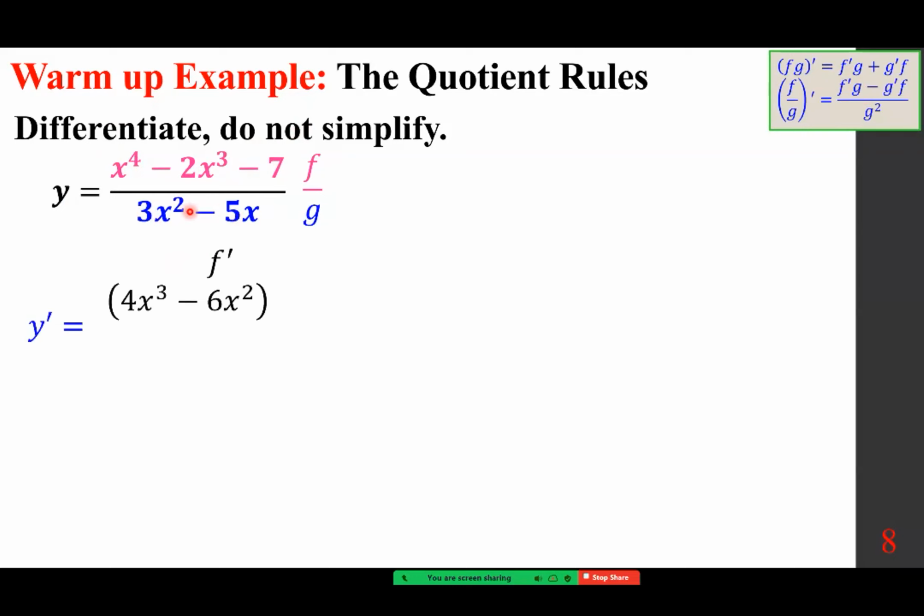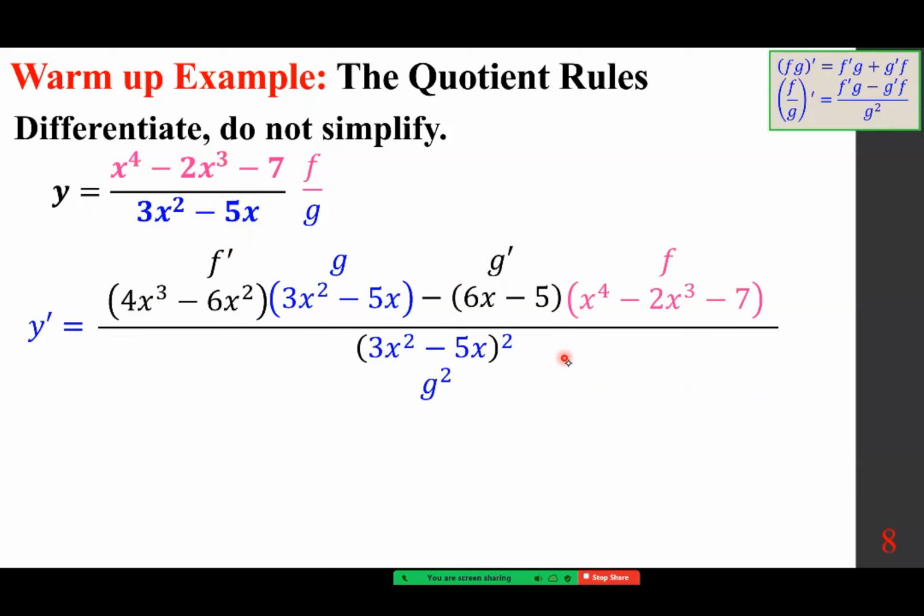Just put the blue one, 3x squared minus 5x, minus g prime f. Here's the g function. The derivative is 6x minus 5 times the f function, the red function, just put it next to it. And then over g squared, the blue function, the bottom, put it in a parenthesis and square.